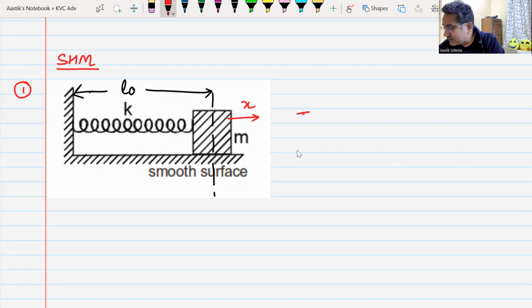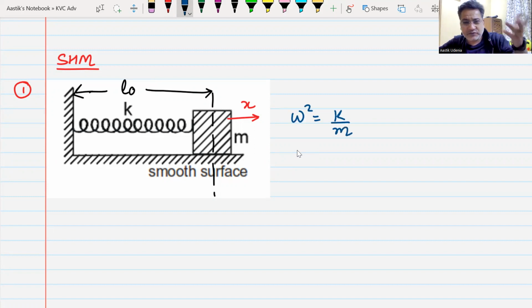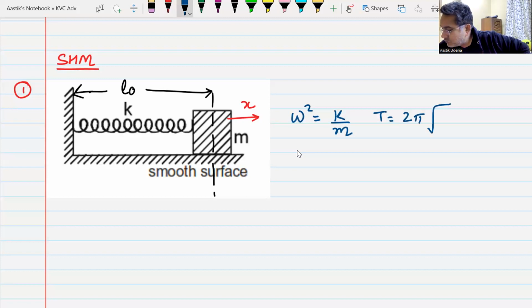And it is very easy to see that the omega for this SHM is exactly same as what we did. So omega square of this SHM will be equal to k by m. Yes or no? Because the spring force is k into x simply. So the time period of this SHM will be 2 pi root over m by k. Yes or no?